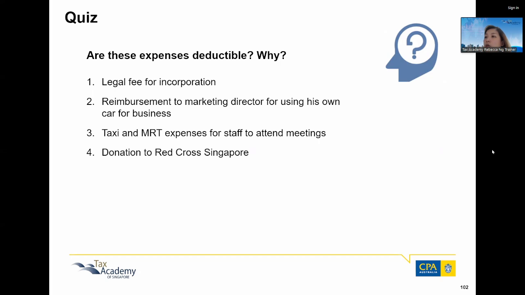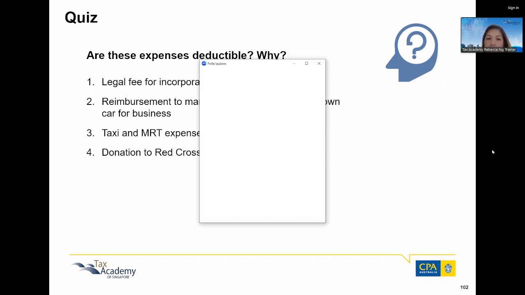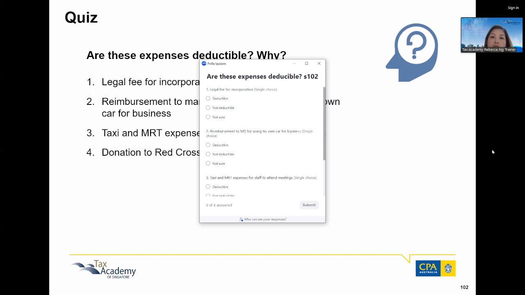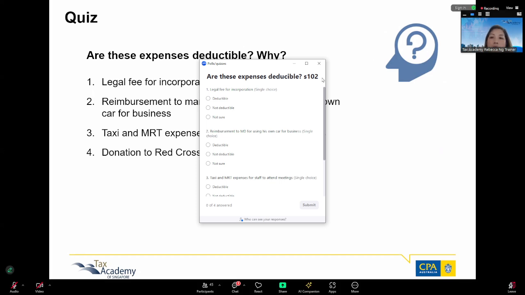We can do a short quiz on this to test your understanding of what is deductible and what is not deductible. Whether legal fee for incorporation is deductible?